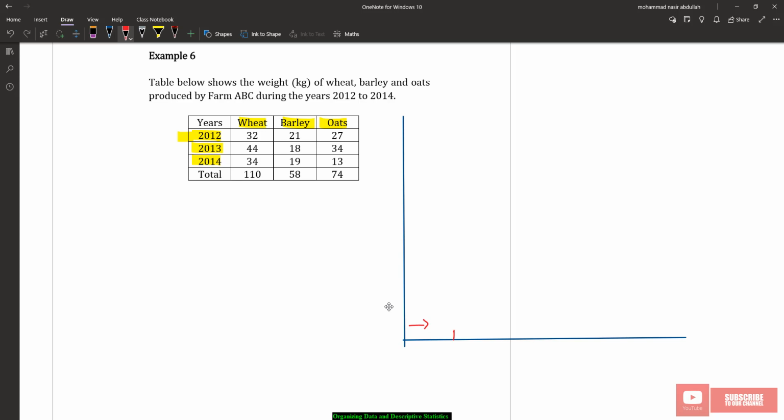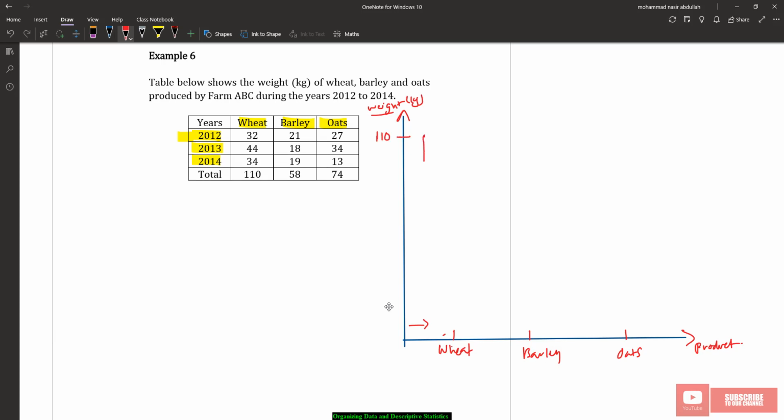So here we have wheat, and next is barley, and the last one is oats. And this represents the product, and this is representing weight in kilos. Now let's say we look here, the total weight for wheat is, let's say, 110. So we put 110 here.